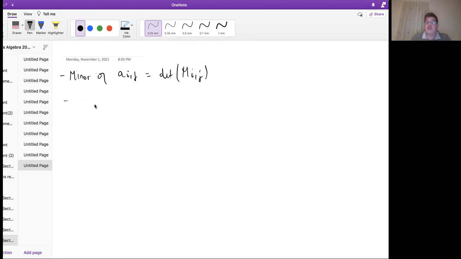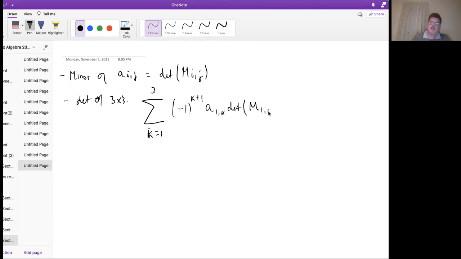And we know that everything in our determinant of a 3 by 3 is always of the form (-1) to the k plus 1, times a1k, times the determinant of M1k.